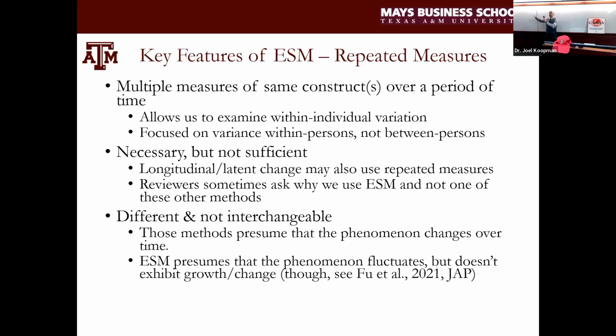That doesn't mean that you don't feel one way or act one way on Monday versus Tuesday versus Wednesday, but you've always got this sort of stable anchor around which you fluctuate, with that inherent stability there. So that is the difference. This is why we are analyzing this within individuals, looking at a basic ESM methodology and not these change methods, because it's fundamentally different phenomena and different research questions.